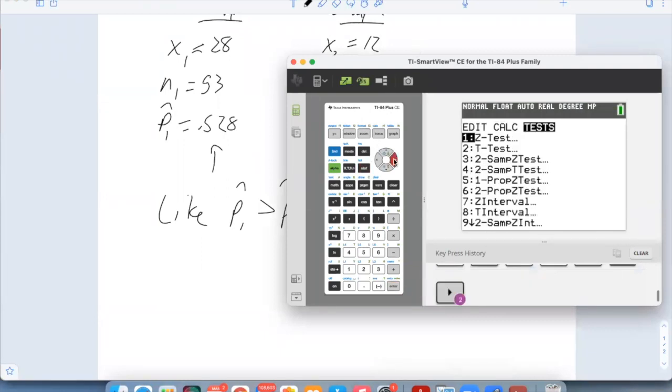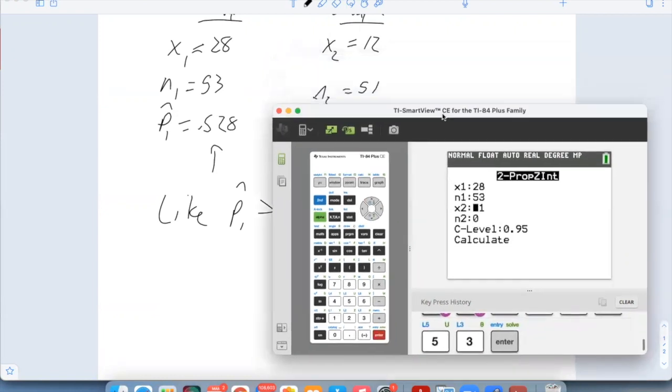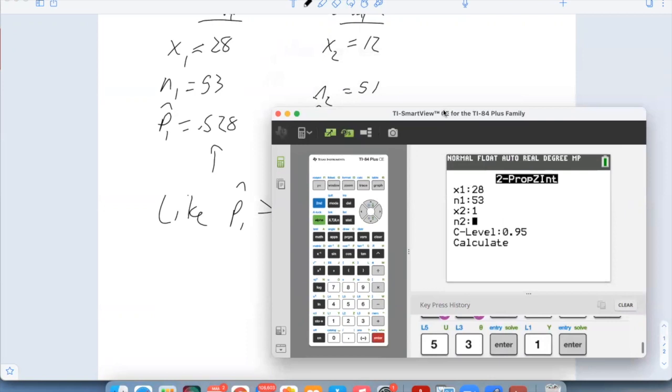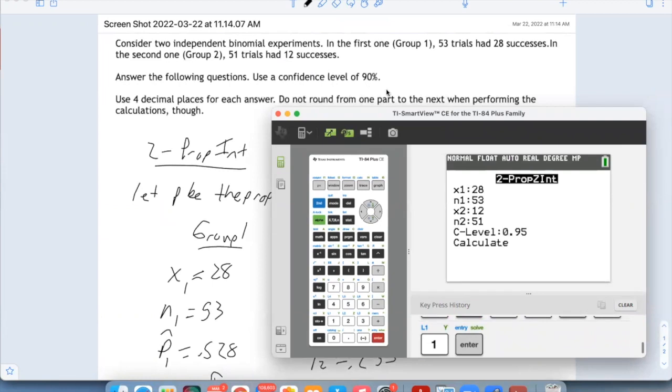We go over to tests and we go to B. So 28, 53, 12 and 51. And I think we were doing 90%. Be careful there.